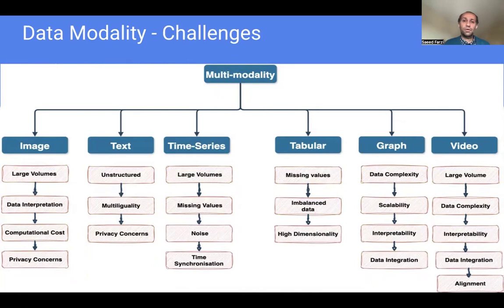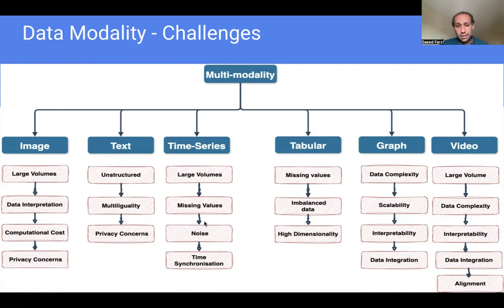Different challenges come from the different modalities. For example, for image, large volume of images, data interpretation is a little bit difficult. Computational costs, you need very strong computational resources. Text: unstructured, ambiguity, multilinguality, privacy concern, anonymization, and that sort of thing. Time series: large volume of data, noise, time synchronization, missing values.